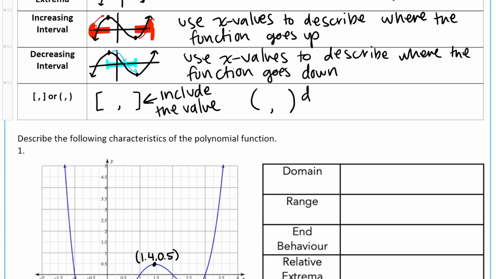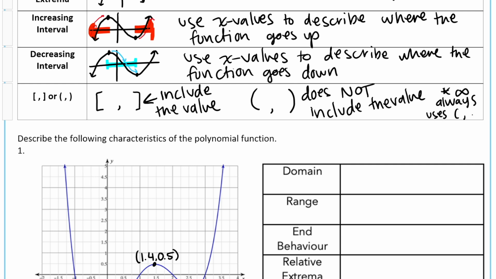Parentheses do not include the value. For reference, infinity will always have parentheses because you can never reach infinity. It's a journey, it's not a destination, right? It just keeps going forever. So we have parentheses there.